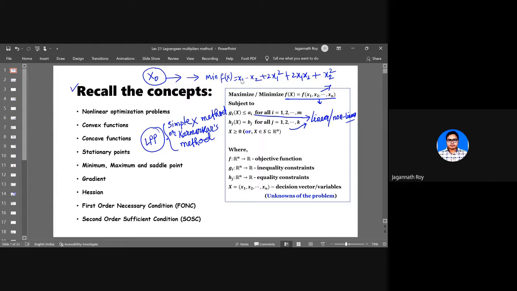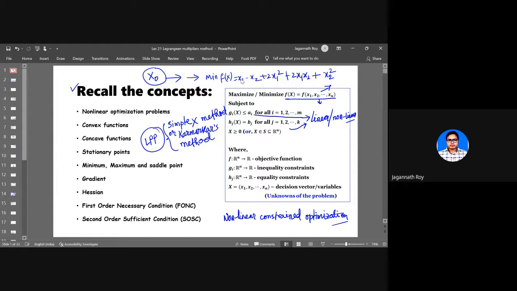All those cases come under constrained optimization, non-linear constrained optimization.